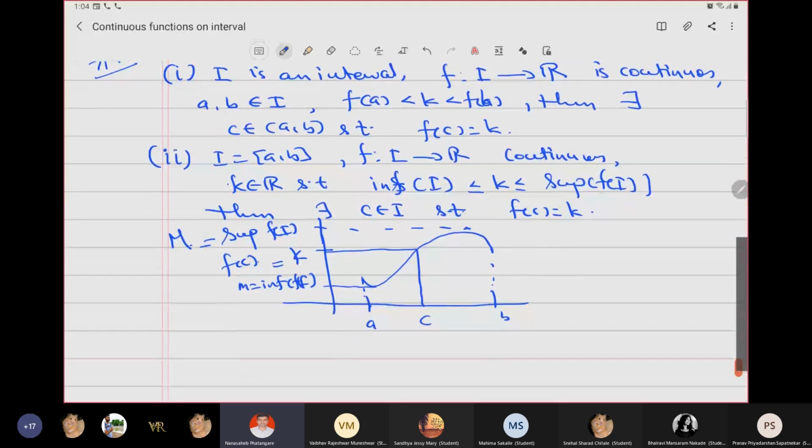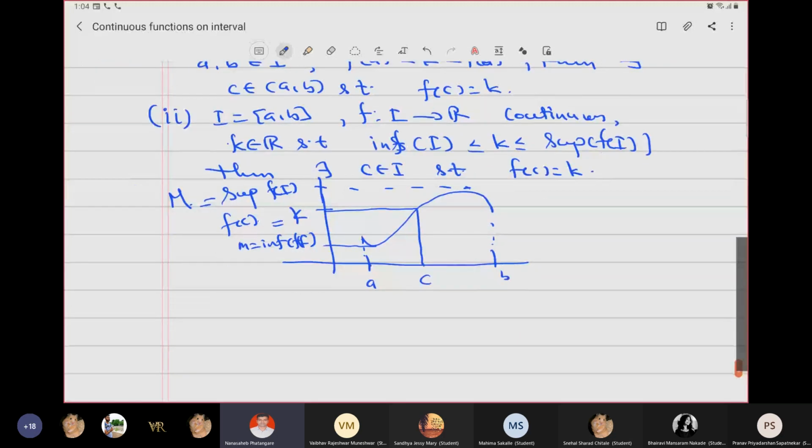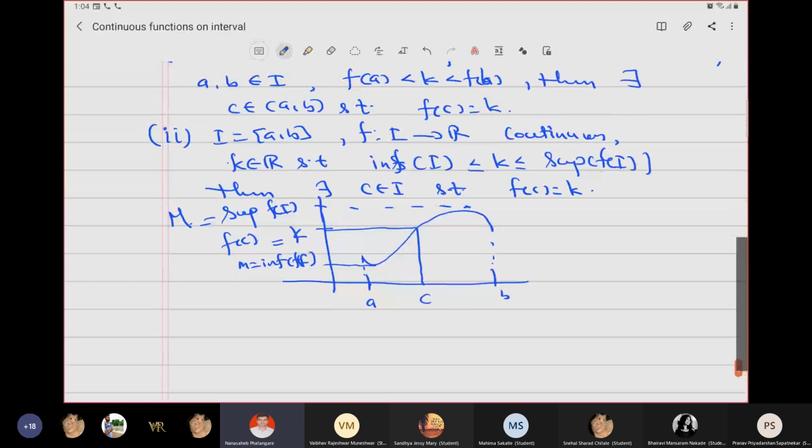A continuous function on an interval attains everything in between, the intermediate values, right? That's why it is called the intermediate value theorem.